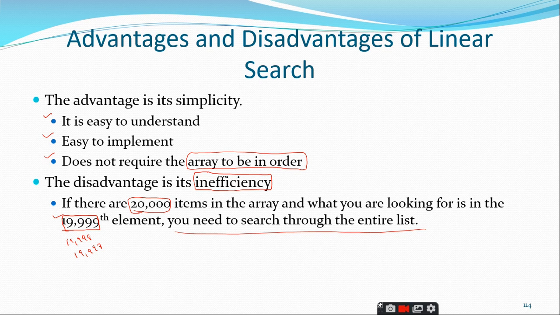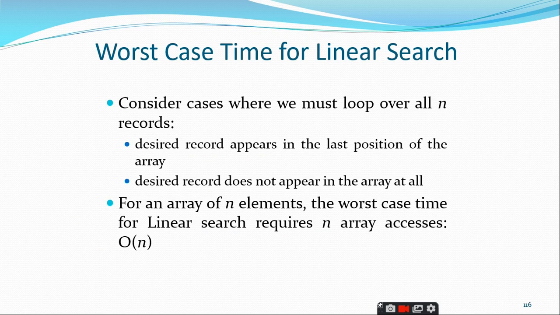But in the reverse case, if the search element is present in the last part of the array, then definitely the efficiency will be very low for this linear search algorithm. That means it is inefficient. So this is all about the introduction part to linear search.